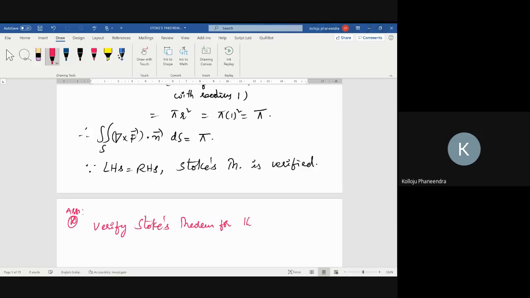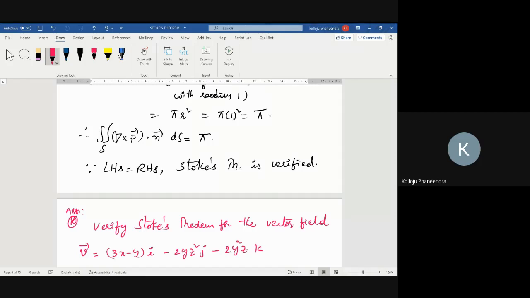For the vector field v bar equal to, in place of f bar, v bar is given. That's it: 3x minus y, 2yz square j, minus 2y square zk.